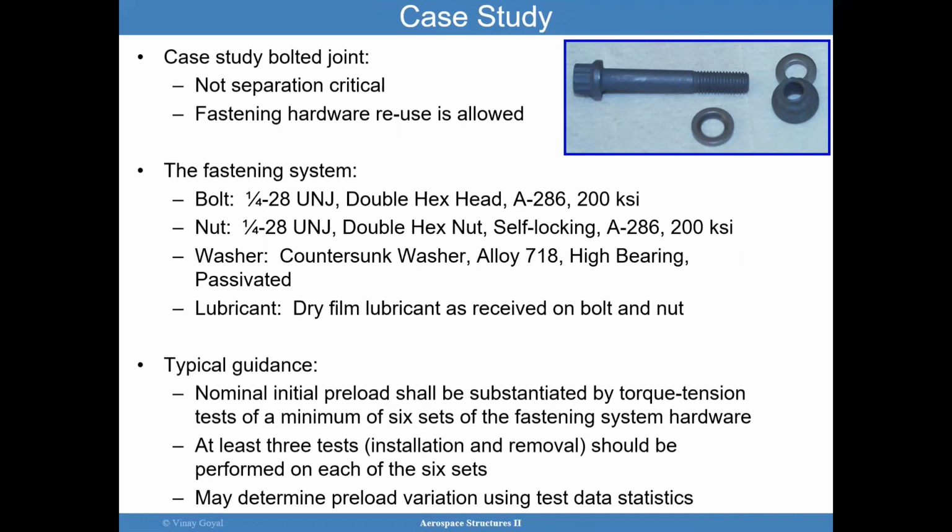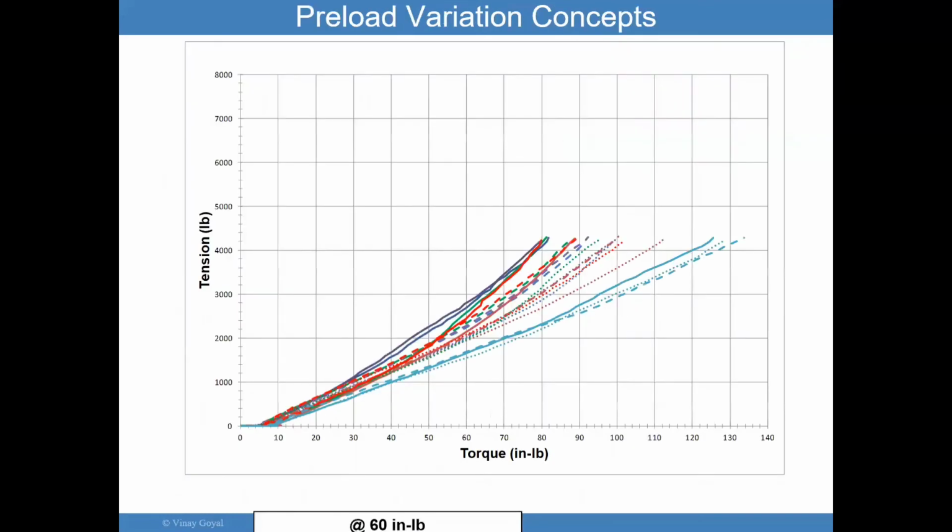We want to make sure that we have a good understanding of the initial preload, and that should be substantiated by some amount of testing that allows you to gain confidence in those torques. We also think it's important to look at installation removal if you're going to be reusing hardware and it's not separation critical. You can determine preload variations using test statistics.